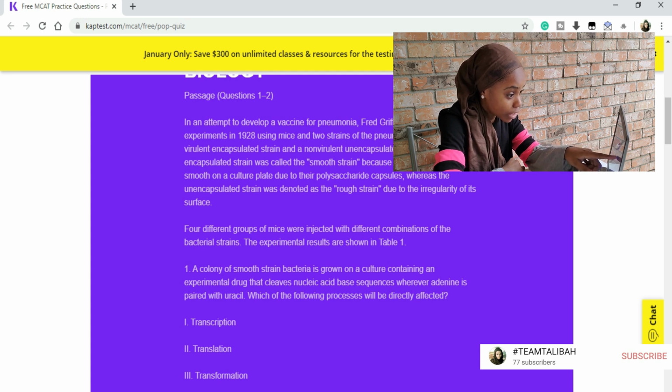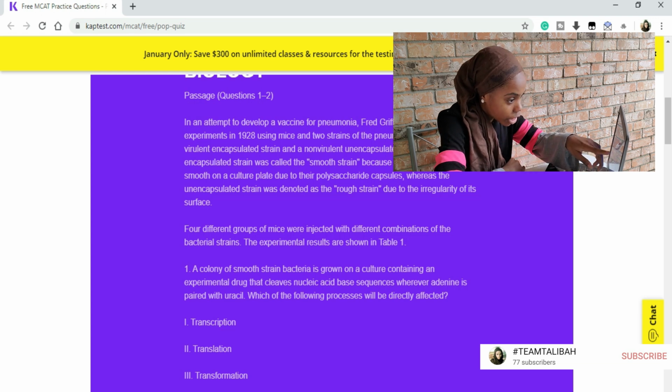The encapsulated strain was called the smooth strain because the colonies look smooth on a culture plate due to their polysaccharide capsules, whereas the unencapsulated strain was denoted as the rough strain due to the irregularity of its surface. 4 different groups of mice were injected with different combinations of bacterial strains. The experimental results are shown in Table 1. Okay, so here's Table 1.